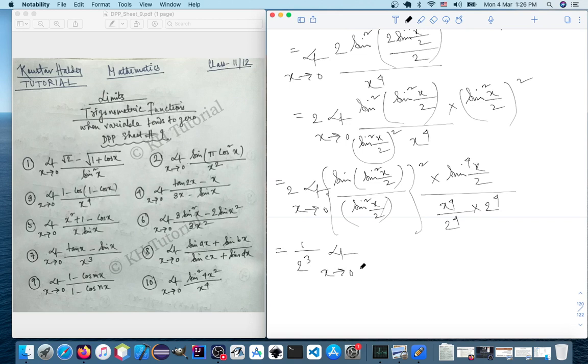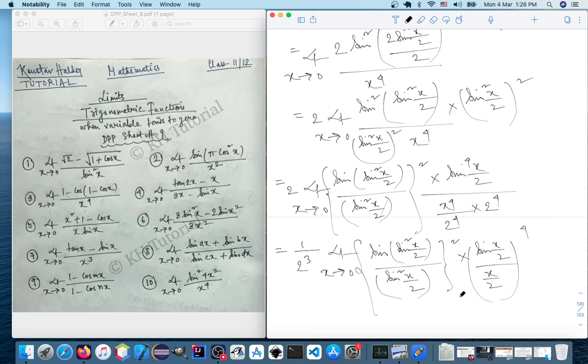Limit x tending to 0, we have sine square x by 2 divided by sine square x by 2, this whole square. Now we have sine x by 2 divided by x by 2 to the power 4.